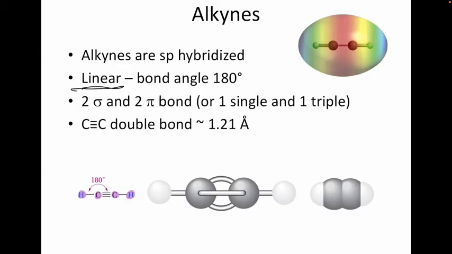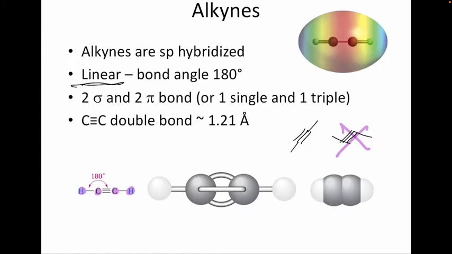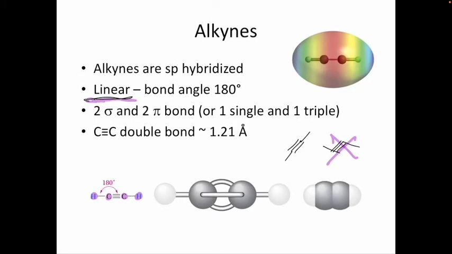That's why when we draw the structures for them, we have to put our bonds sticking straight out as opposed to something like that. This would be wrong, because those 4 atoms around that triple bond are all in a straight line. Again, that's what we call a linear shape.